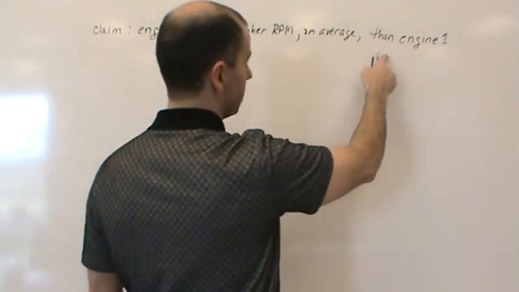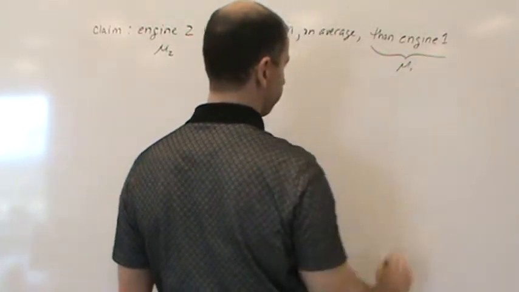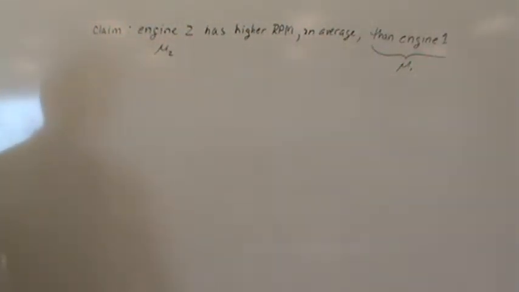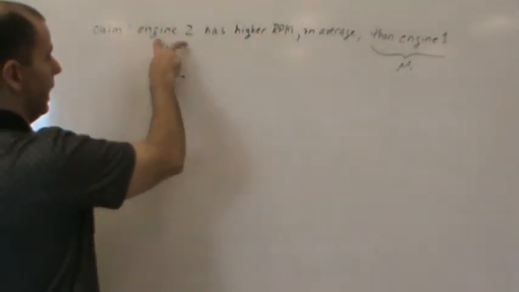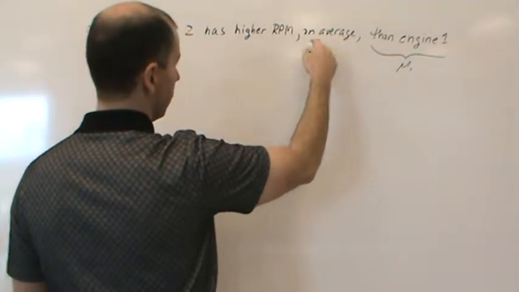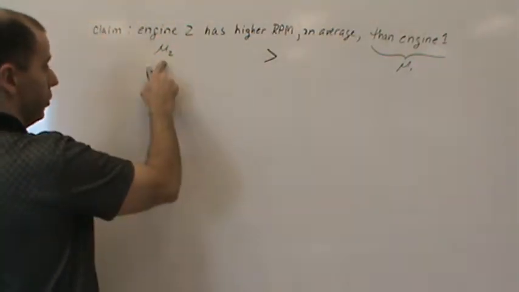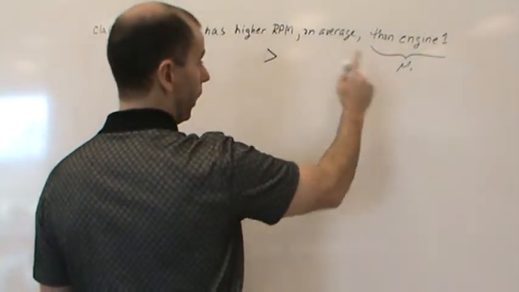And let's make this the population mu1. Okay? And now, if engine 2 has a higher RPM on average, well, then this would be greater than, right? So we're saying that mu2 is greater than mu1, right?